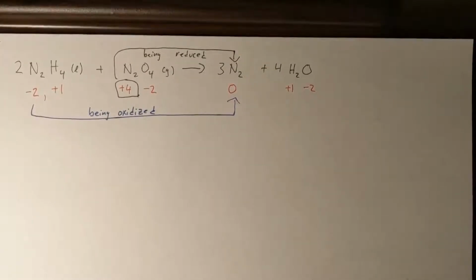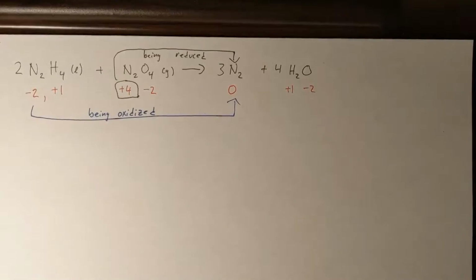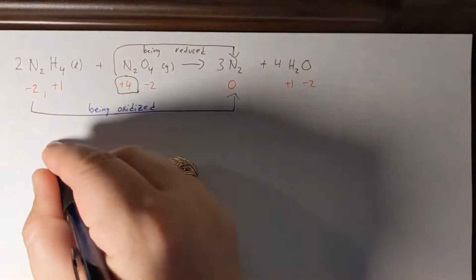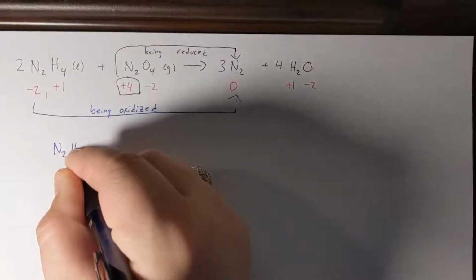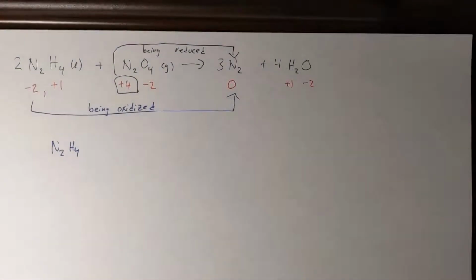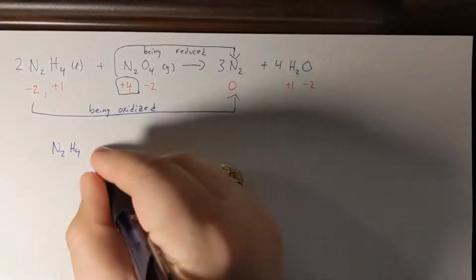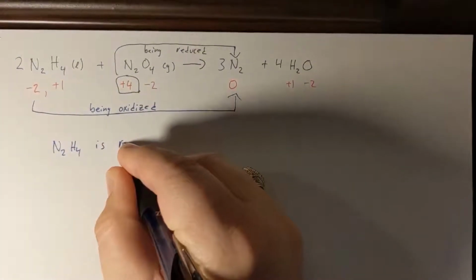Now, identifying what's been oxidized and what's been reduced will let us be able to assign oxidizing agent and reducing agent. N2H4 is being oxidized, so that makes it the reducing agent.